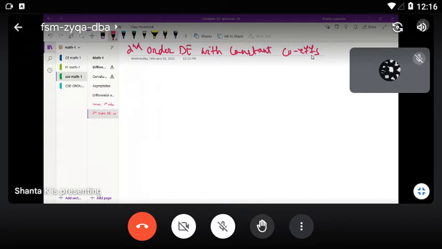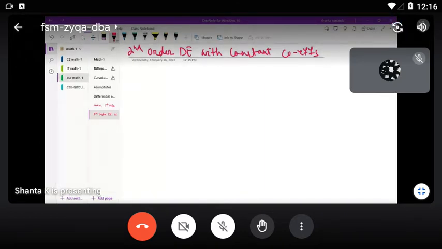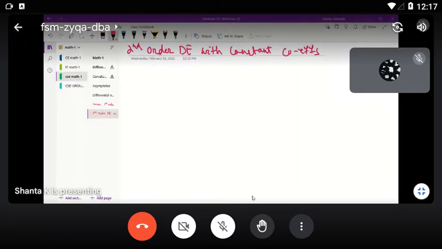Here we will discuss methods of solution of linear equations. We will talk about the differential operator. So the differential operator we will be talking about.